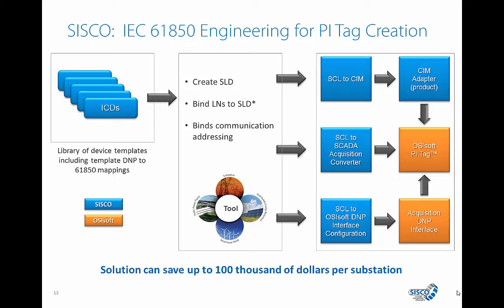We want to do away with all these complicated and non-coordinated business processes. The solution we provided builds upon IEC 61850 engineering processes, creating a file, a set of templates that define DNP index to 61850 naming convention bindings.